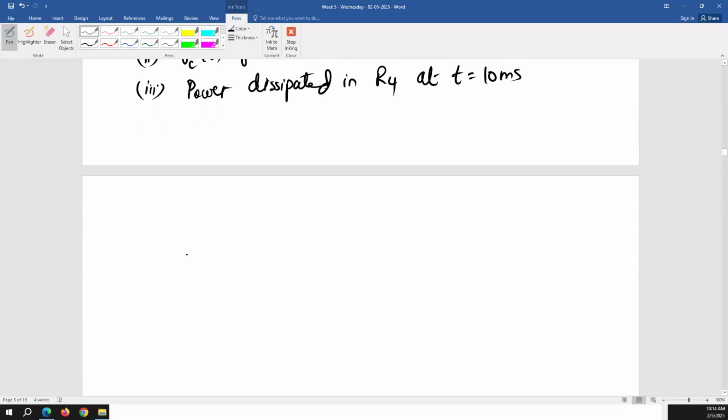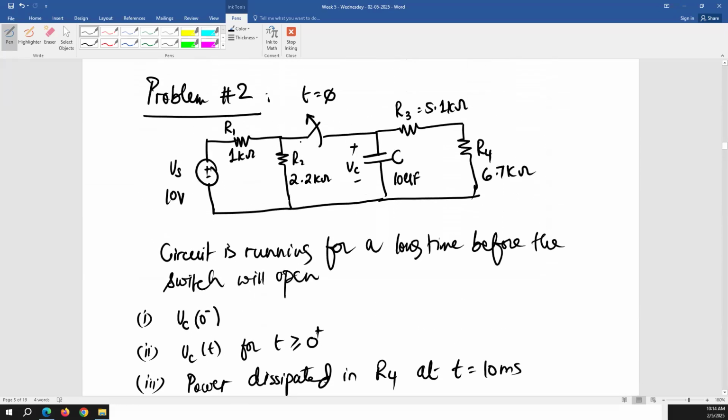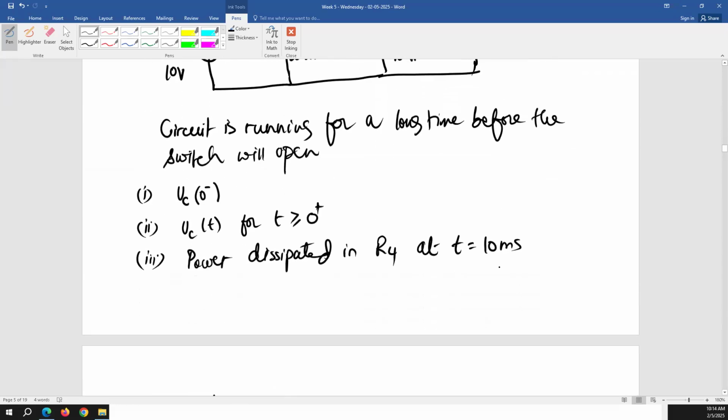If you have just one source and multiple resistors, yes. Since the switch is closed, the current is flowing through this circuit, of course.